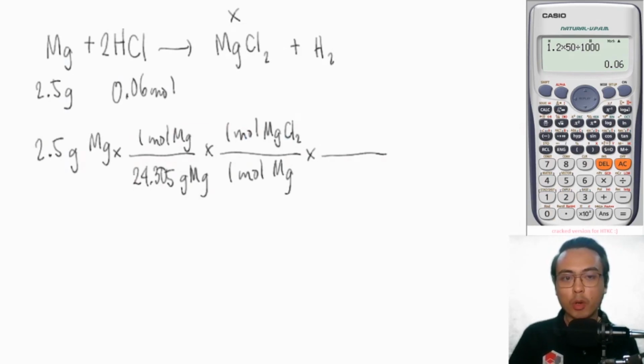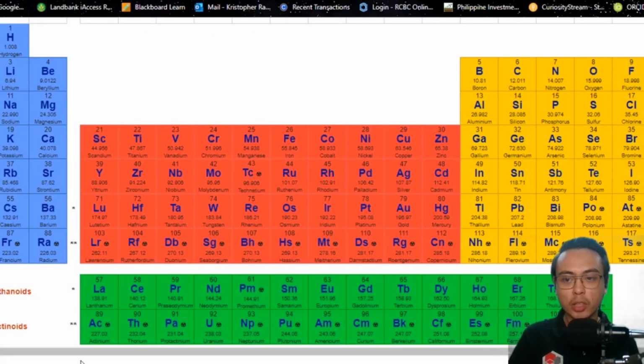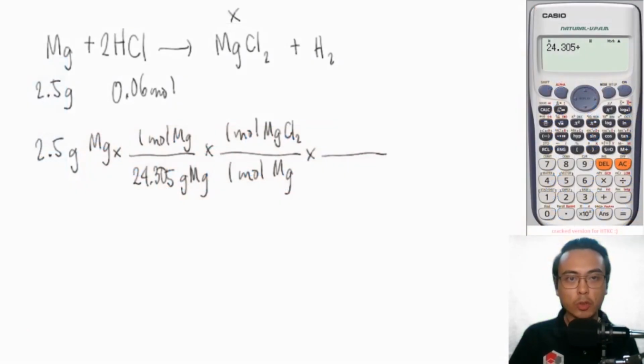So let's go back to our periodic table and take a look at magnesium and chlorine. Magnesium has a molecular weight of 24.305 and chlorine has a molecular weight of 35.45. So that would be 24.305 for magnesium plus 35.45 times 2 for chlorine.